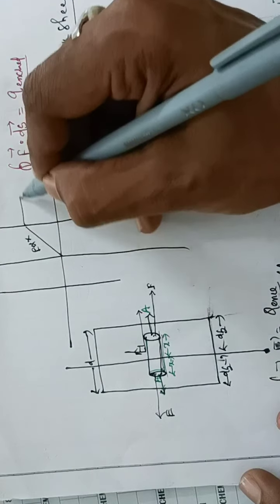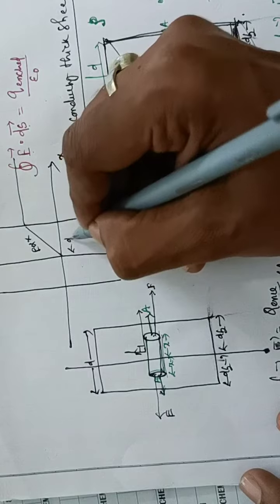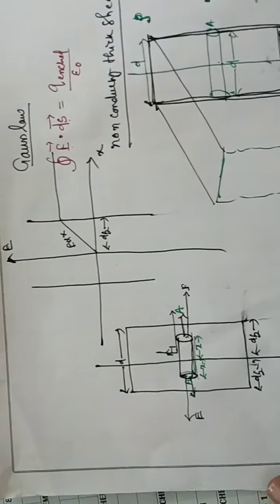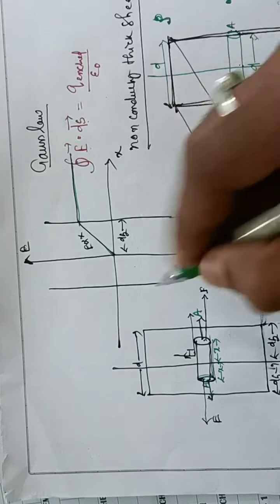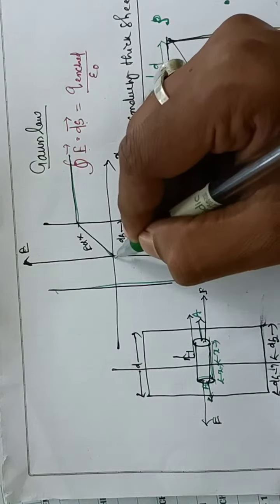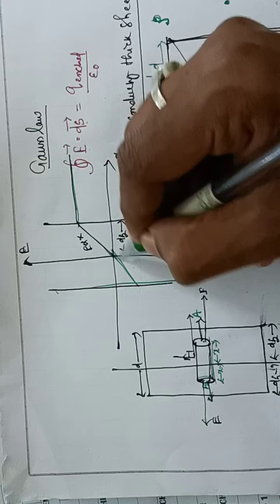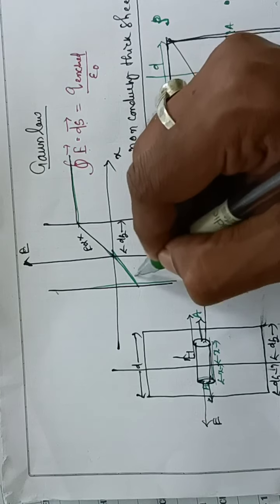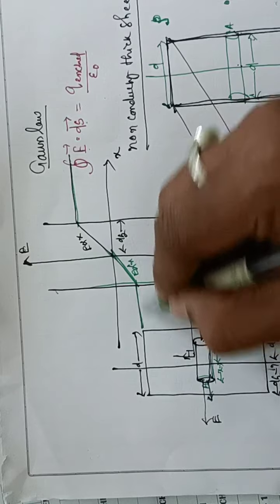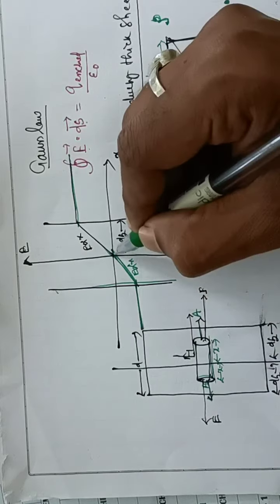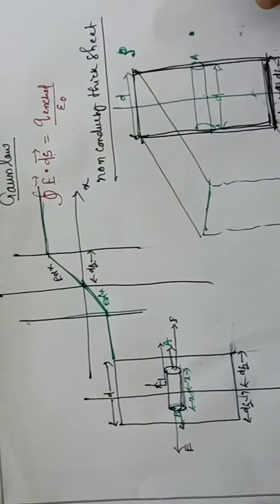After that it is constant. It will vary like this up to d by 2, and after that it is constant. In a similar fashion, in this other section, up to d by 2 it varies linearly, and after that it is constant.